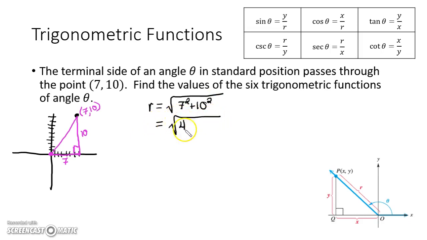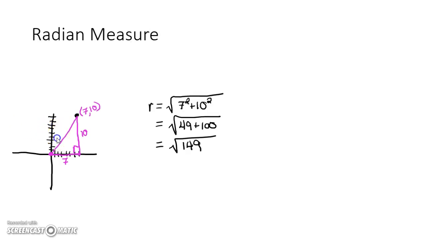We get 49 plus 100, which is a lovely 149, which does not simplify, so we're going to go ahead and just leave it as square root of 149. That will be our r.